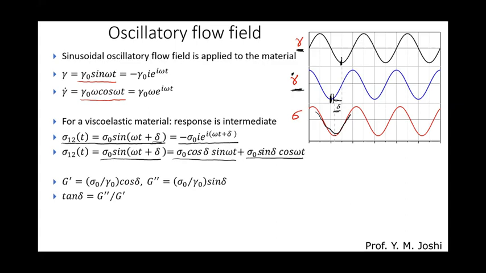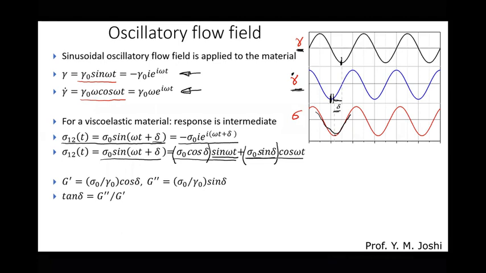Now you can appreciate that sigma 0 cos delta sine omega t is that part of the stress response which is in phase with strain, while sigma 0 sine delta is that part of the stress response which is in phase with strain rate. So this is the magnitude of stress which is in phase with strain, while this is the magnitude of stress which is in phase with strain rate.